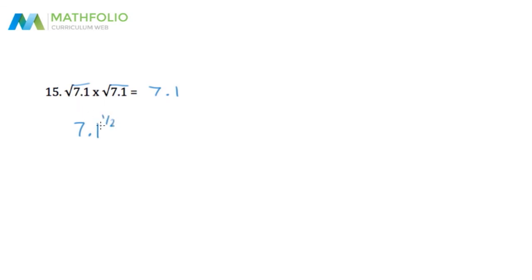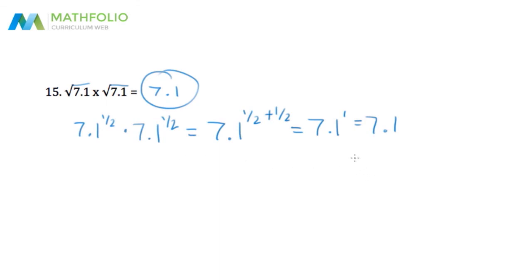Remember that half is the same as square rooting, and we're timesing this by, same again, 7.1 to the 1/2. So the multiplication law of exponents would say, well, it's the same base, so you just add the exponents. So we're going to do 1/2 plus 1/2, which is then going to give us 7.1 to the first, which equals 7.1. That's one way of looking at this problem as well. But if you just see it straight away, just write it, 7.1.